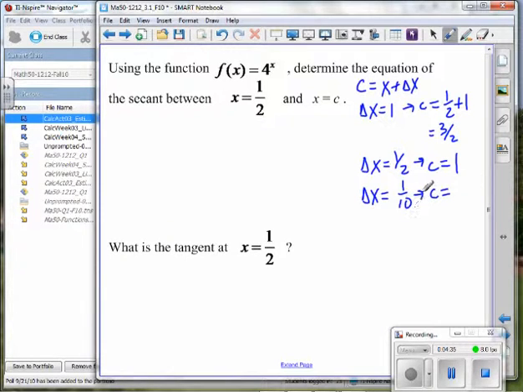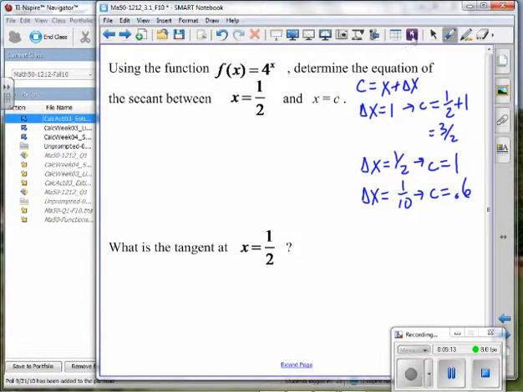Add a tenth, we'd be at 6/10. Well, what's happening to my delta x's here? The delta x value is getting smaller and smaller. What's happening to the other point? It's getting closer and closer to 1/2.